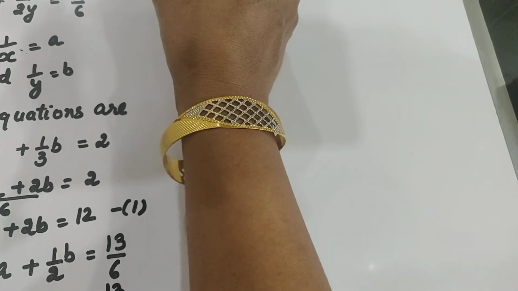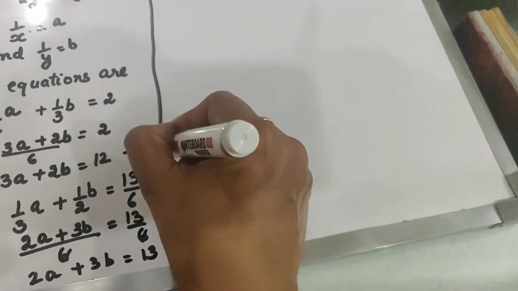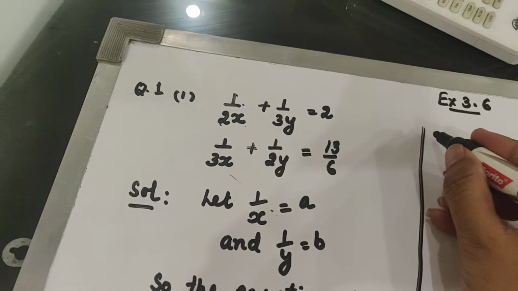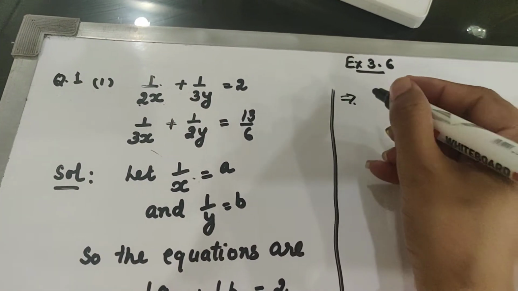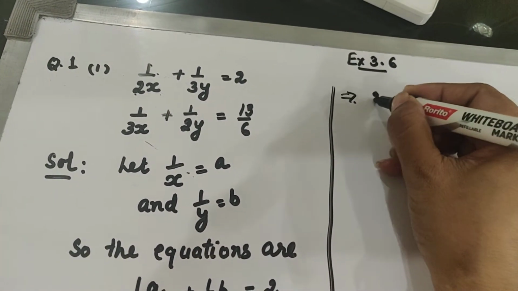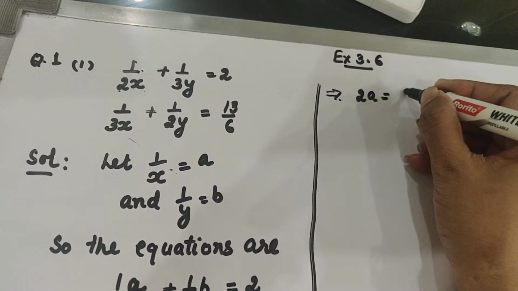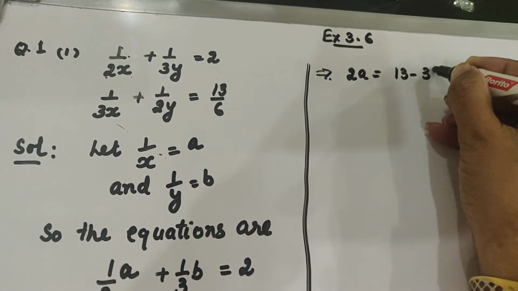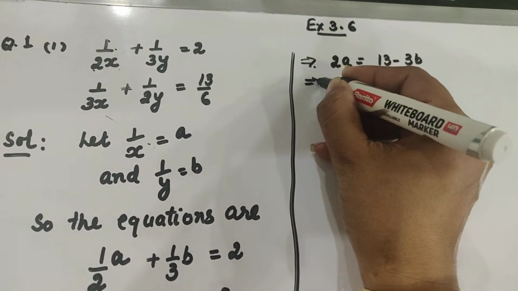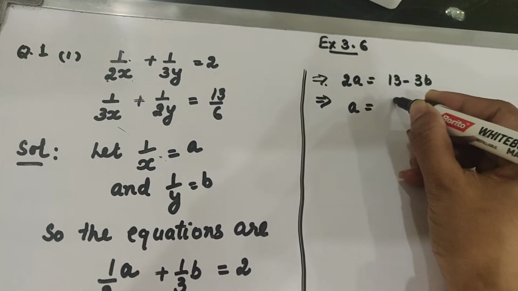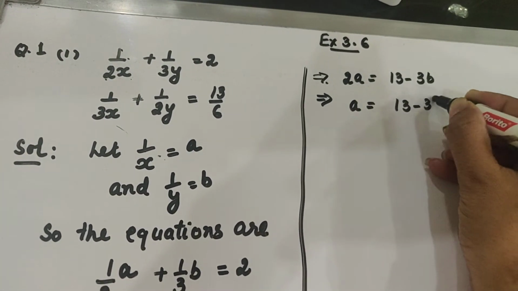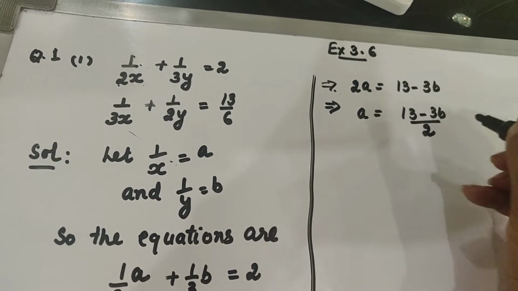So you will write, this implies 2a is equal to 13 minus 3b, and this implies a is equal to 13 minus 3b upon 2.